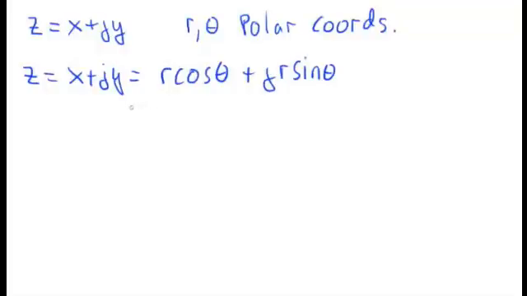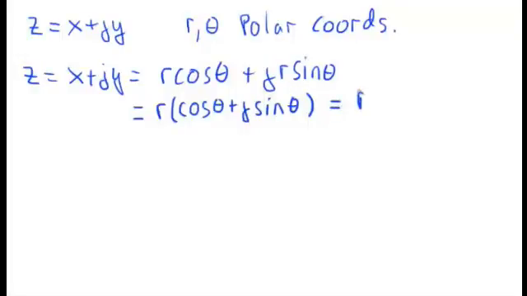Let's manipulate this a bit. This gives us r times cosine theta plus j sine theta. And now we see Euler's formula sitting right there. Cosine theta plus j sine theta is e to the j theta, so we have r e to the j theta.